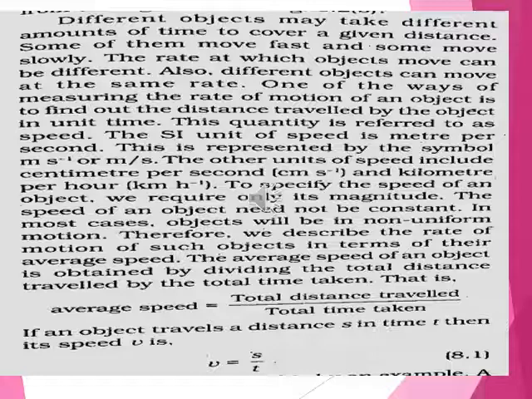So if an object travels a distance s in time t, then its speed v is given by v = s/t. So in the previous example of the bowler, if you want to calculate the speed of the ball, you have to add the complete distance and then divide by the time taken to travel the distance.